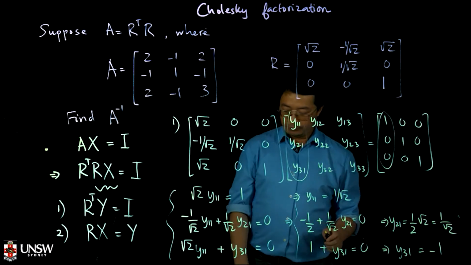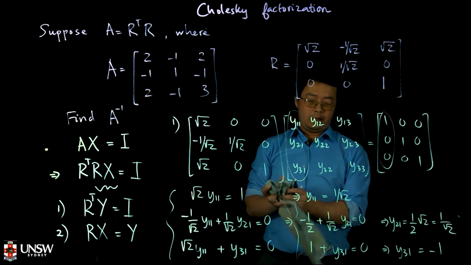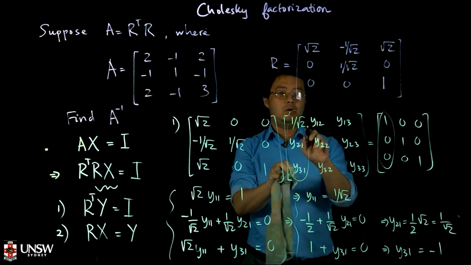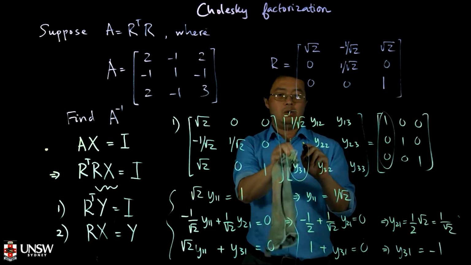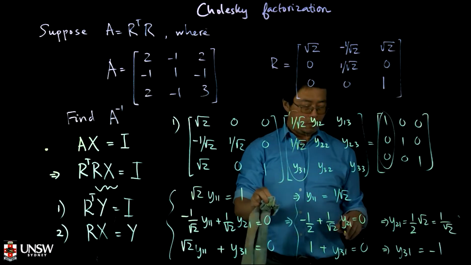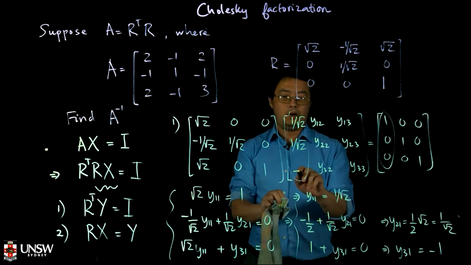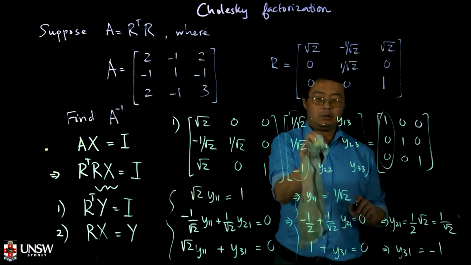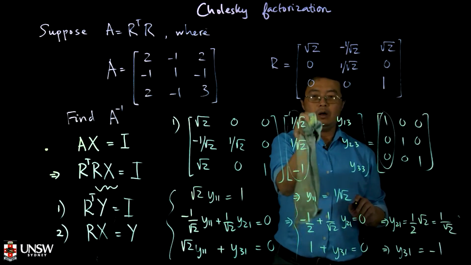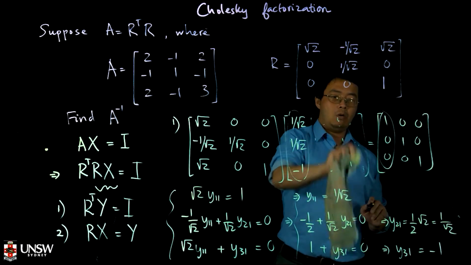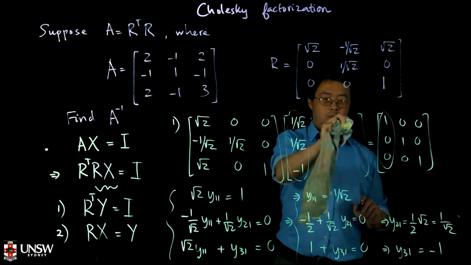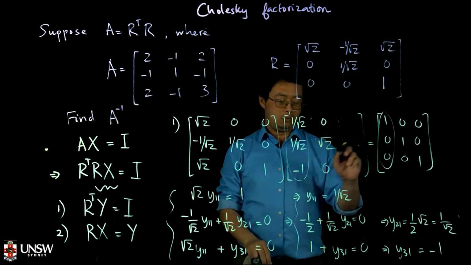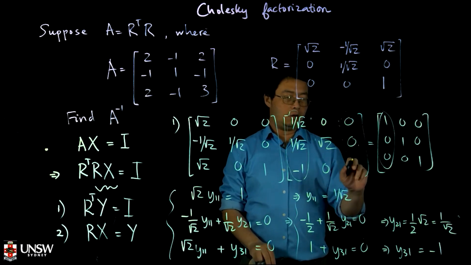So I can fill up the first column of the matrix Y: Y11 is 1 over root 2, Y21 is 1 over root 2, and Y31 is minus 1. You can use the same method for the other 2 columns to find all the other entries of the matrix Y. So I just write down 0, square root 2, 0, and 0, 0, 1.